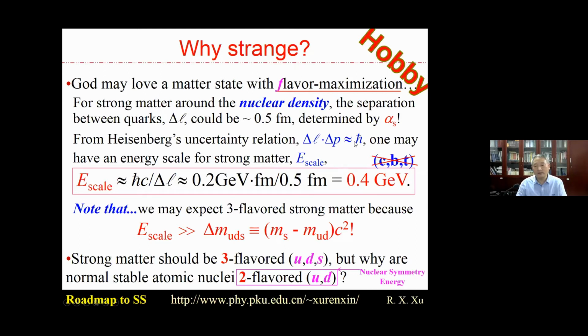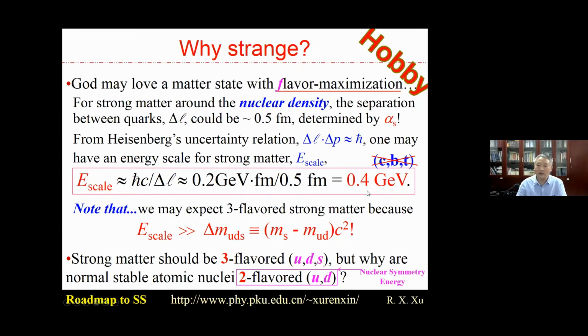And the energy scale could be delta p times c. So you can estimate the energy scale as h-bar c over 0.5 fm. You can eventually have an order of magnitude value for the energy scale of dense matter related to our case.